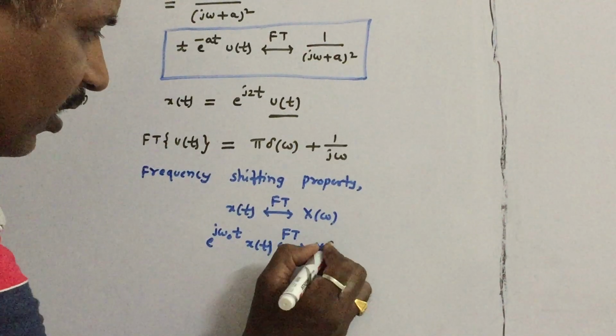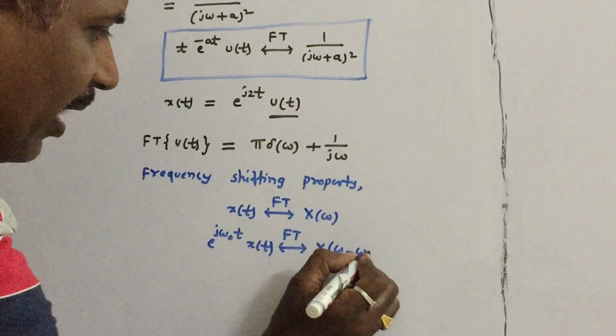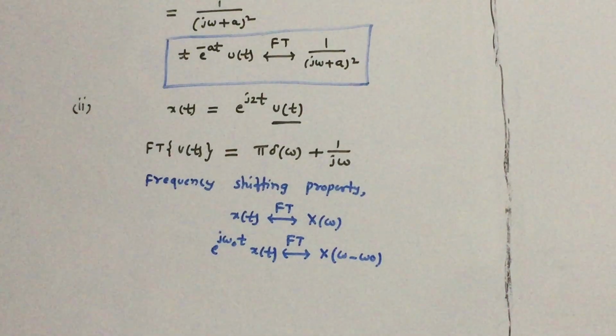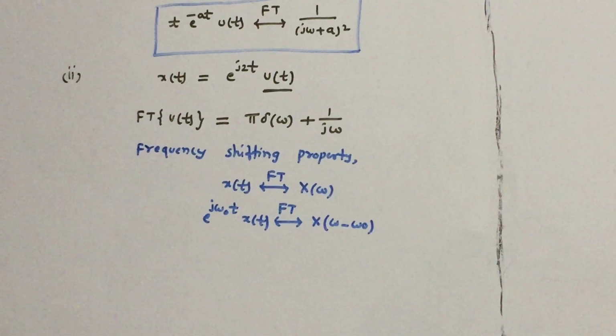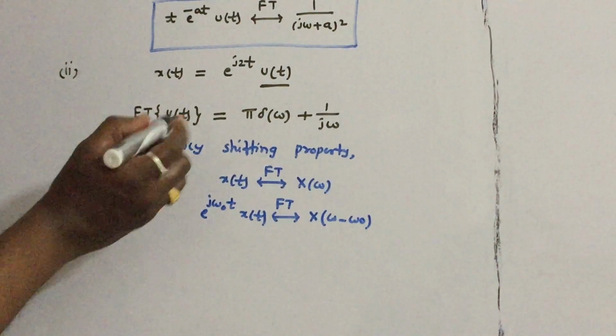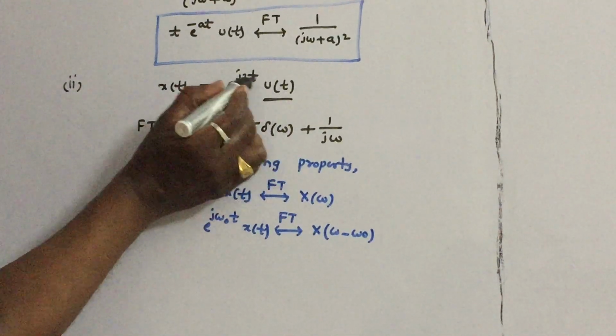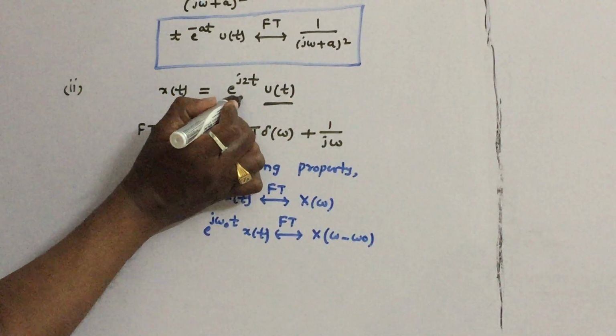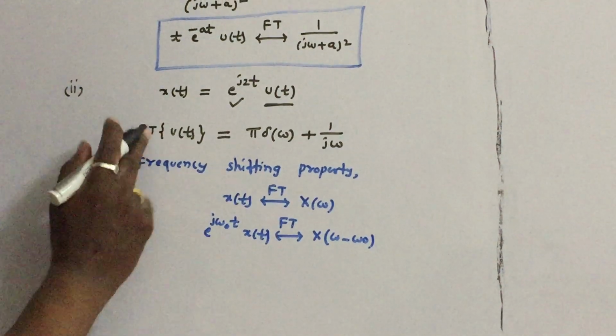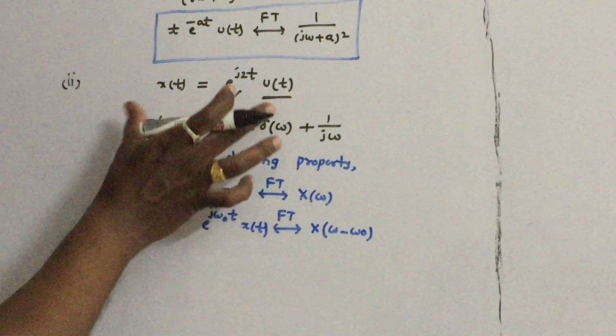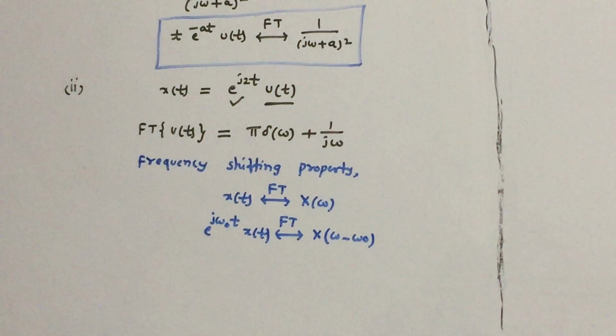Just shift x of omega to x of omega minus omega naught. Since you can see that u of t is multiplied by a complex exponential signal, use this frequency shifting property for x of t.